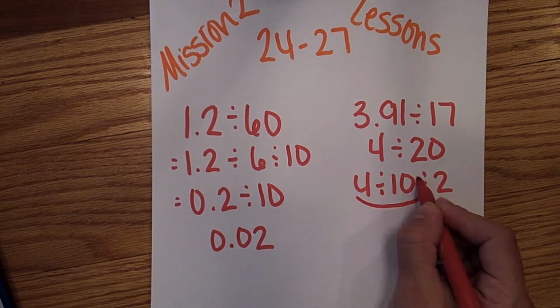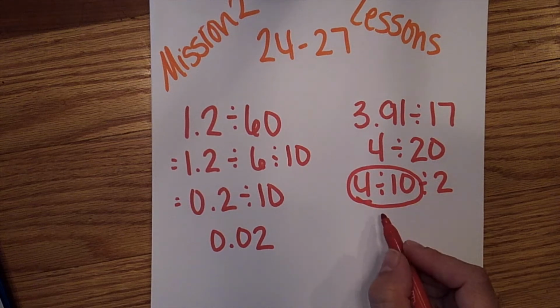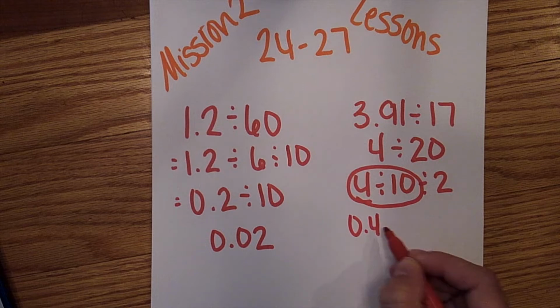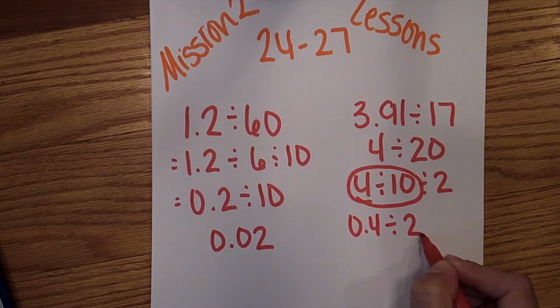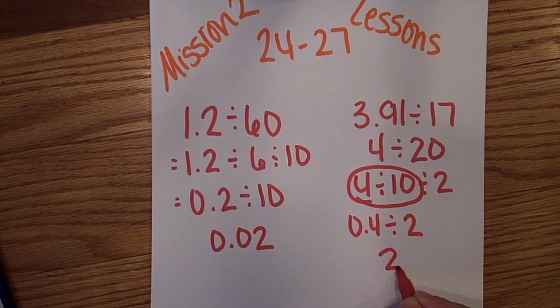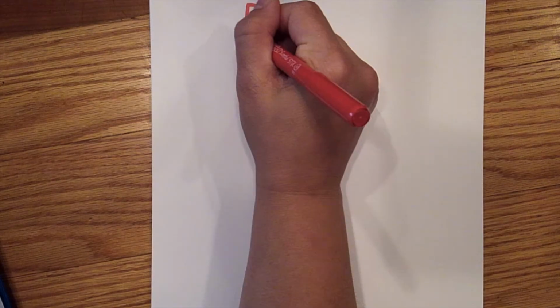If we take this part right here, we're going to move that decimal on the 4 this way. So it's going to become 4/10 divided by 2. And 4 divided by 2 is 2 in the 10ths place. There's my answer. You're also going to be asked to check your division problems using multiplication and solving word problems that involve division.